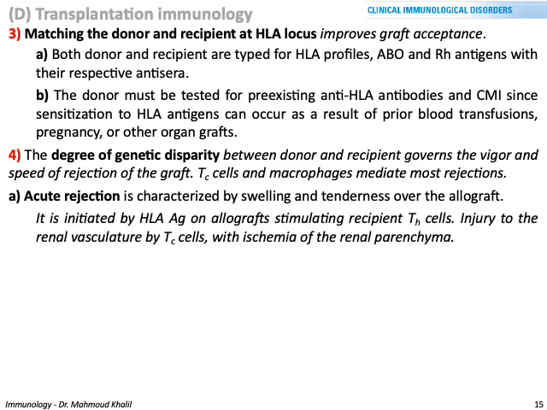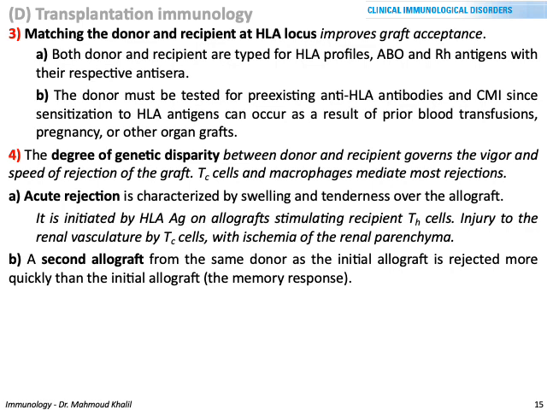It is initiated by the HLA antigens on the allograft stimulating recipient T helper cells, leading to injury to the renal vasculature by TC cells with ischemia of the renal parenchyma, while a second allograft from the same donor as the initial allograft is rejected more quickly than the initial one, due to the memory response of the immune system.